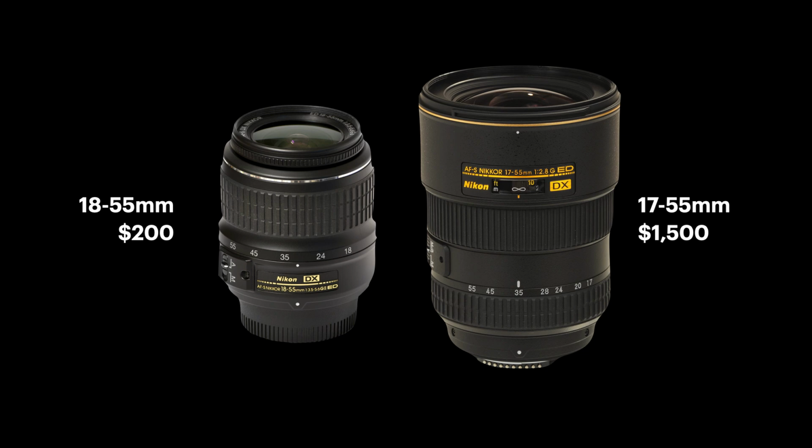Variable meaning that it can change, and your aperture has two limits beyond which it is not able to go. 3.5 being the lowest and 5.6 being the highest. So it can go as wide as 3.5 with the aperture and as small as 5.6, which I know sounds confusing, but it will make sense as you get used to it.